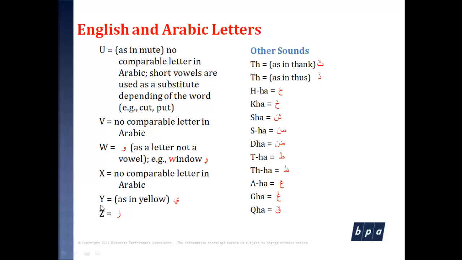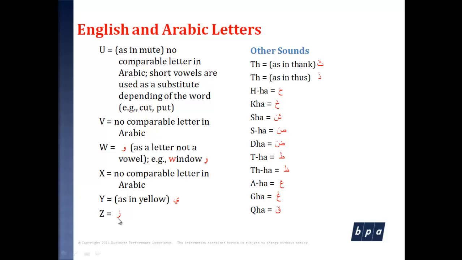The Y in some cases, as in yellow, not as a vowel, would have the letter ya, again not as a vowel. The letter Z has the letter zai in Arabic.